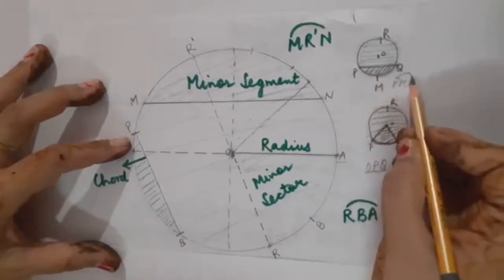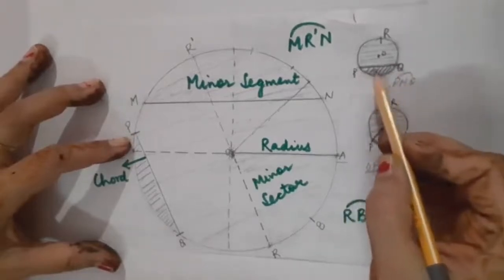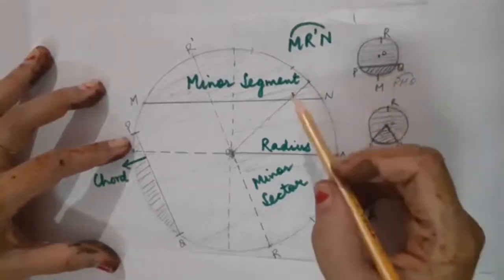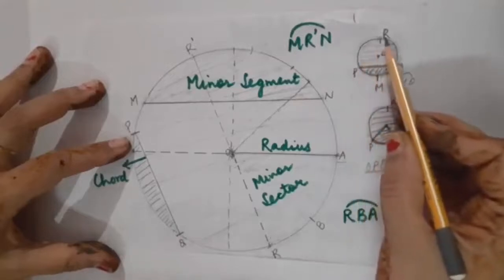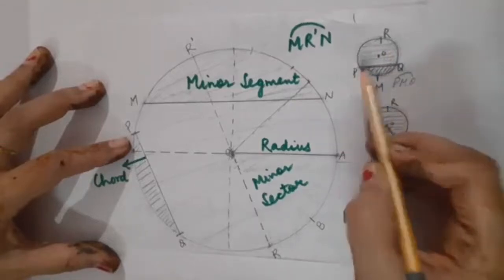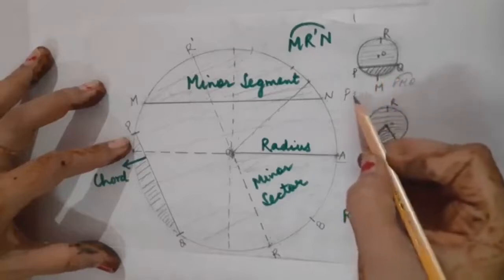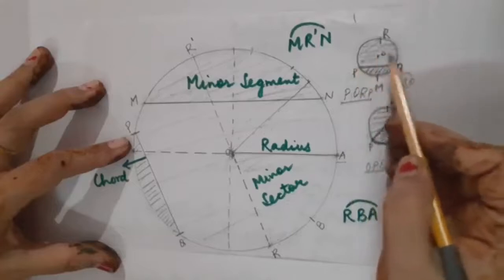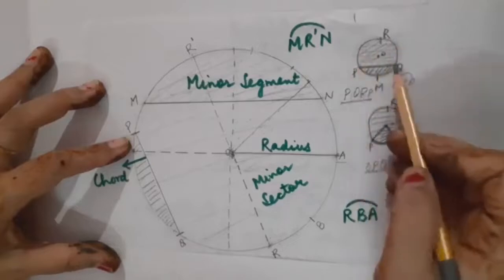So the region which is bounded by a chord and the minor arc is known as minor segment. If I talk about the major segment, then how will you give the name? You will give the name like this: P, R, Q, and then ultimately you reach P again. It will be P, Q, R, P. This region is known as major segment. Why? Because this is corresponding to the major arc. Got it?